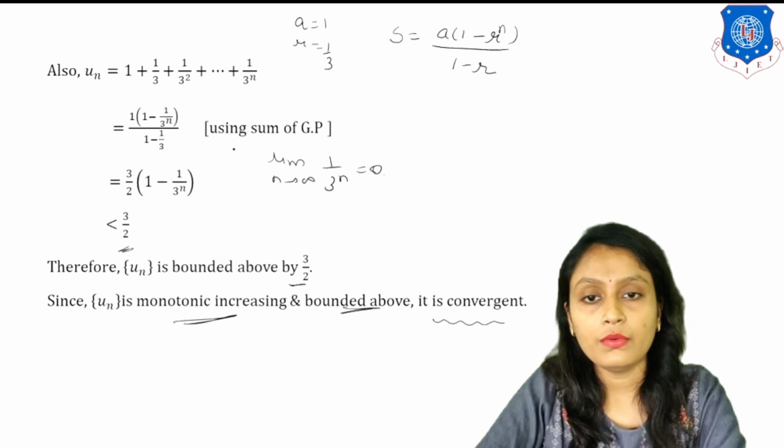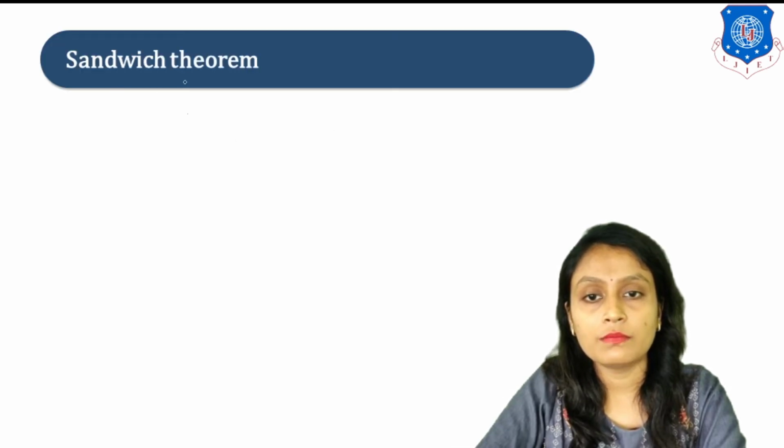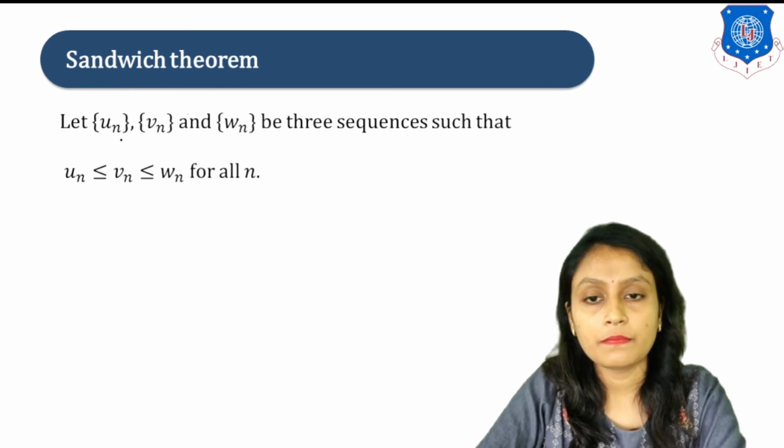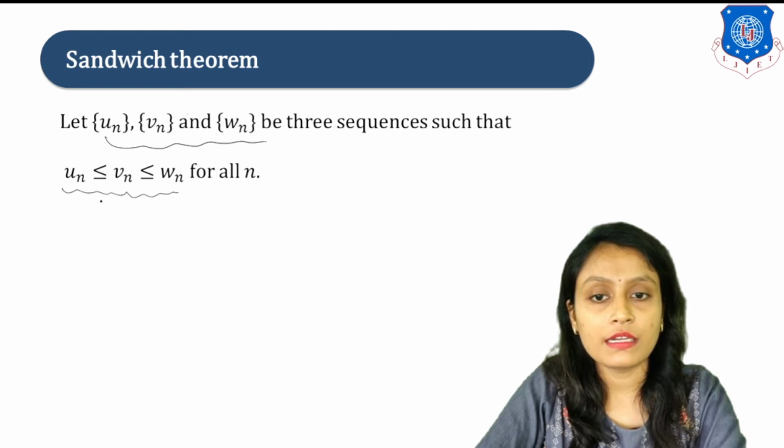Now we will discuss one more topic, that is the sandwich theorem. The statement is: let un, vn and wn be three sequences such that un is less than or equal to vn, which is less than or equal to wn for all n. So the terms of un, vn and wn are arranged in this manner.